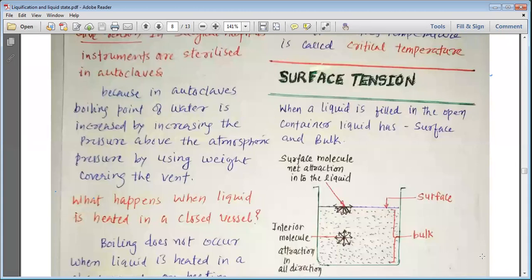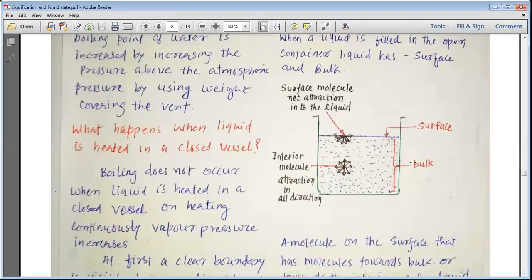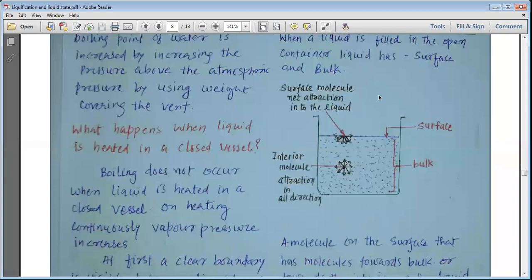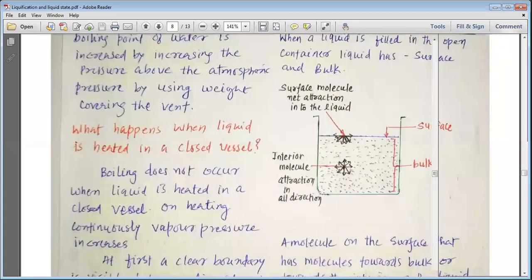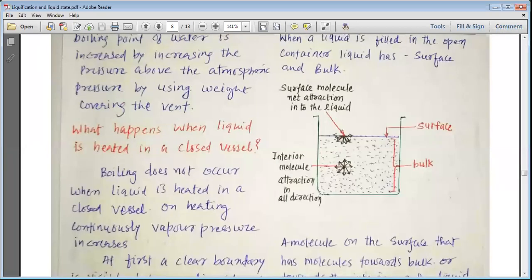We have seen that when a liquid has got bulk and surface, on the surface, my dear students, the molecules have imbalanced forces. So they have the net attraction into the liquid.